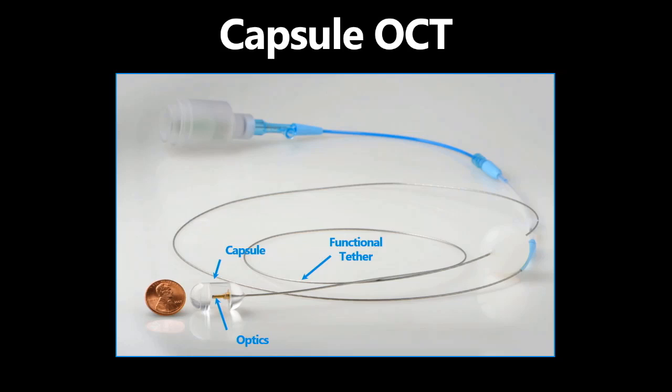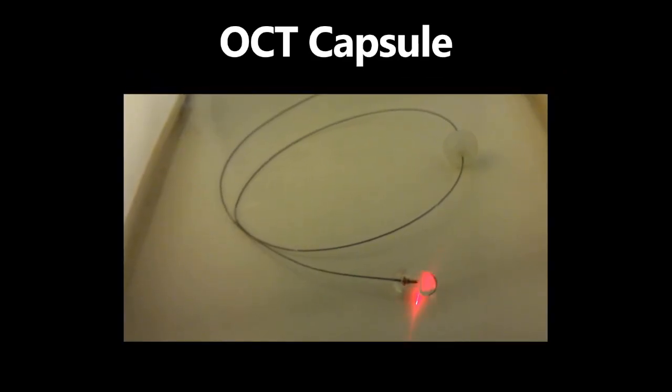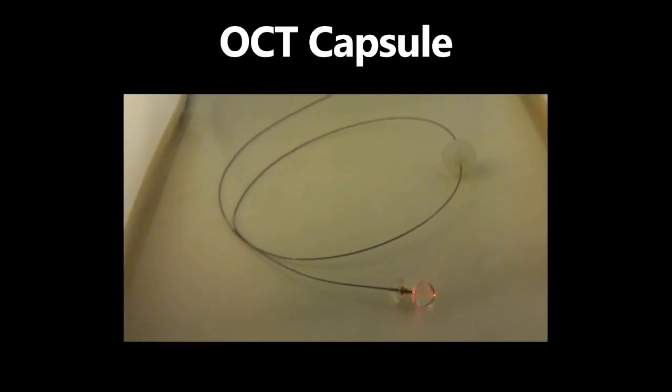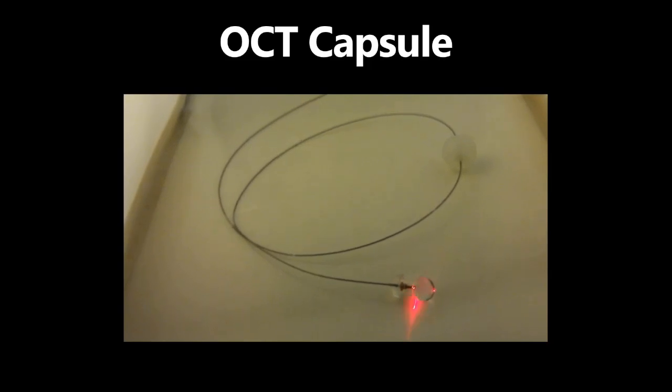But most of our work recently has been on this capsule OCT technology, which is designed to screen people for Barrett's esophagus in the primary care setting. It's a capsule on a tether, and the tether contains the optical fiber, and it has a little beam scanning mechanism that scans the beam around after you swallow it, and it scans as it traverses your esophagus. This is the first patient ever done.